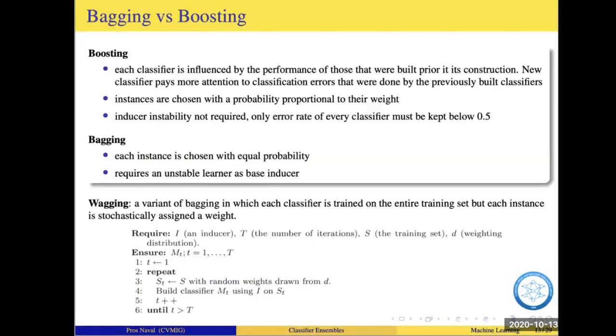Now let's compare bagging and boosting. For boosting, each classifier is influenced by the performance of those that were built prior to its construction.